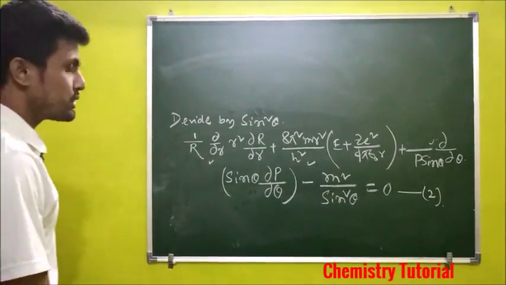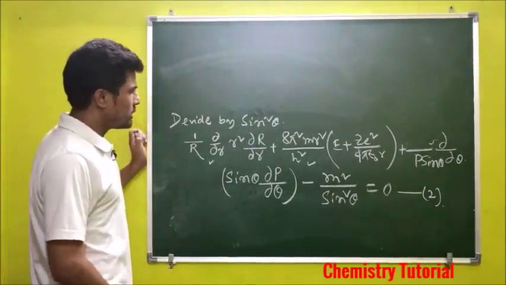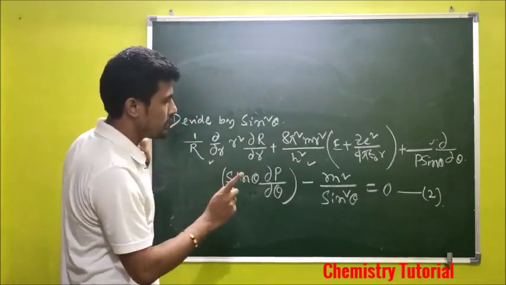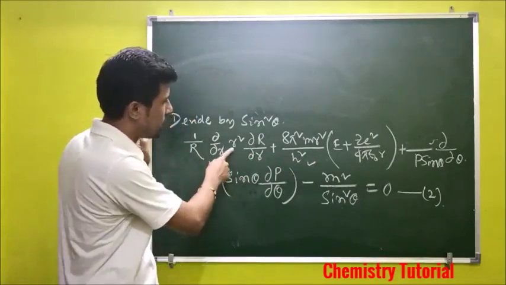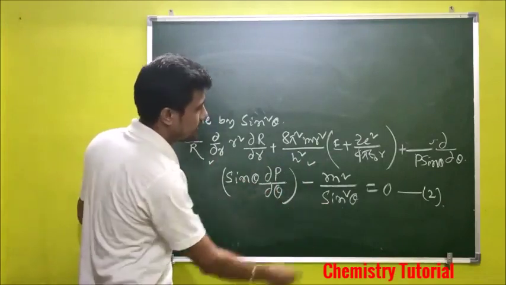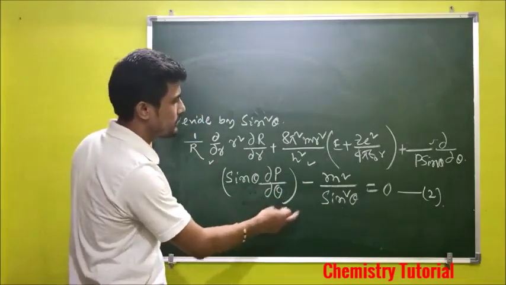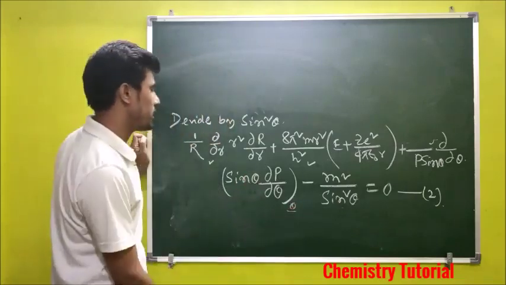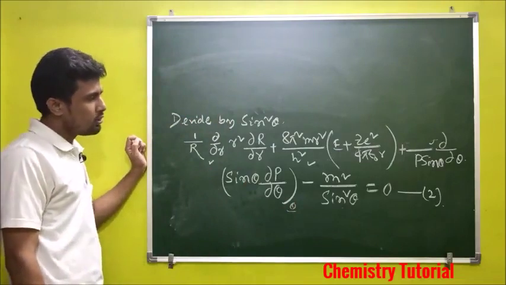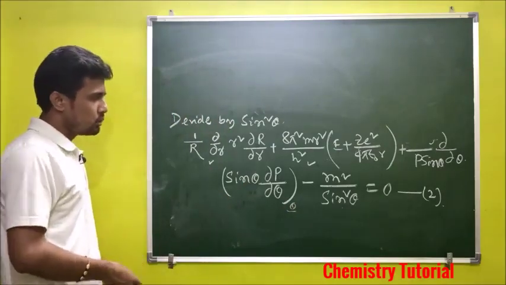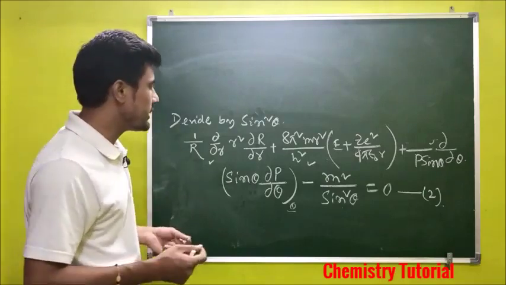Now you see in this equation, the first part and the second part depend only on one variable, that is r, small r. Whereas the third part and the fourth part, this fourth term, depend upon one variable, that is theta, the theta dependent part. So this equation will separate into two different differential equations.